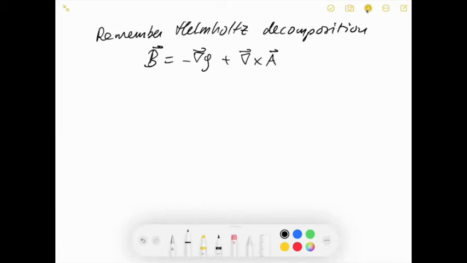So this phi is a scalar field, and this is our vector field.